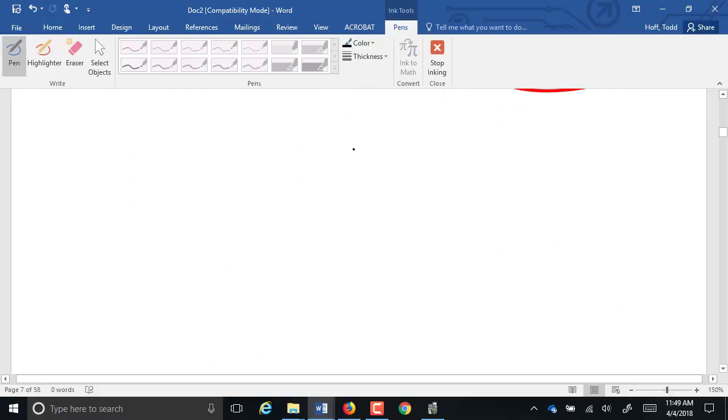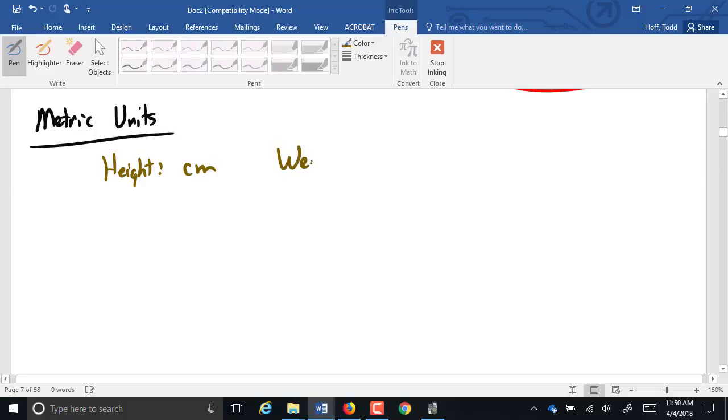Well, we may have to calculate that body surface area in metric units. If we're using metric units, we need to have our height in centimeters and our weight, I'll label this as mass because this is technically a mass unit, in kilograms.